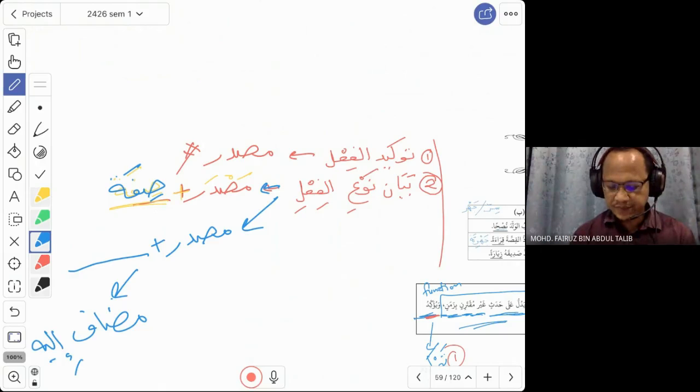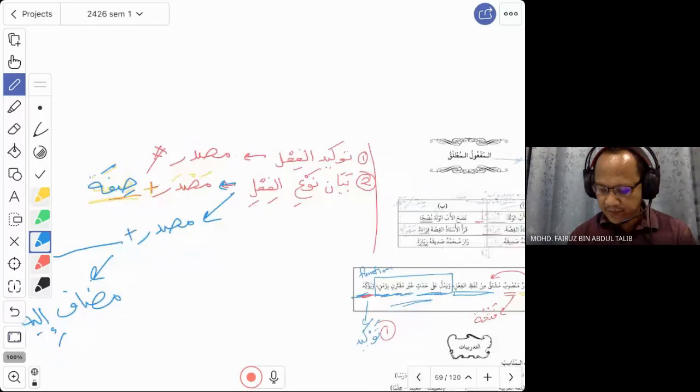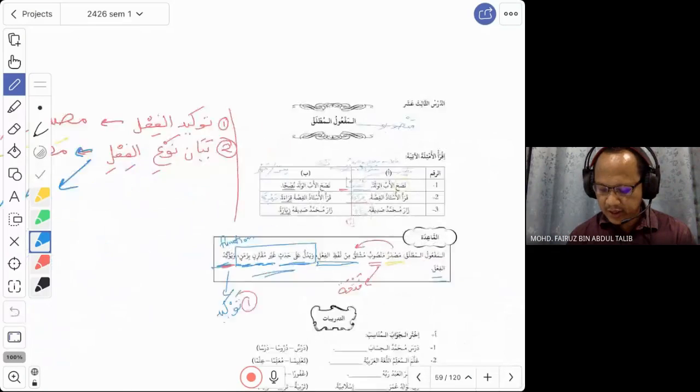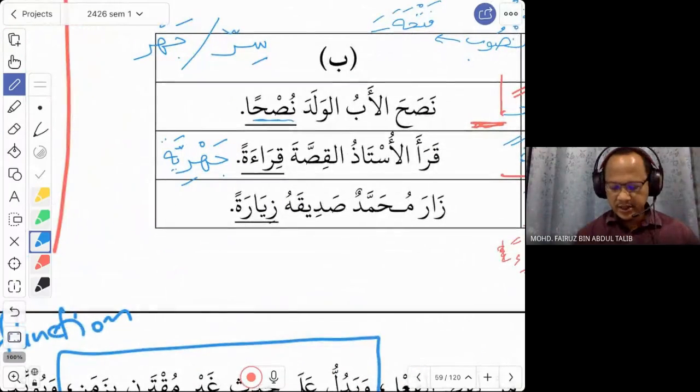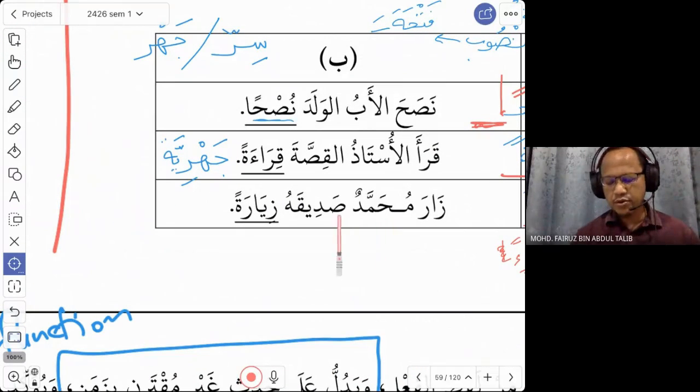For example, we take the third example. Zara Muhammadun sadiqahu ziyaratan. So here, this is for tawkid. He has visited his friend. Now, you want to change the function to bayan nau', to explain the type of visit.